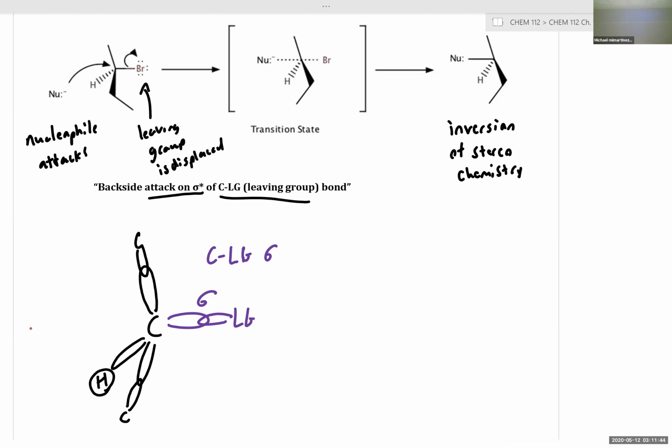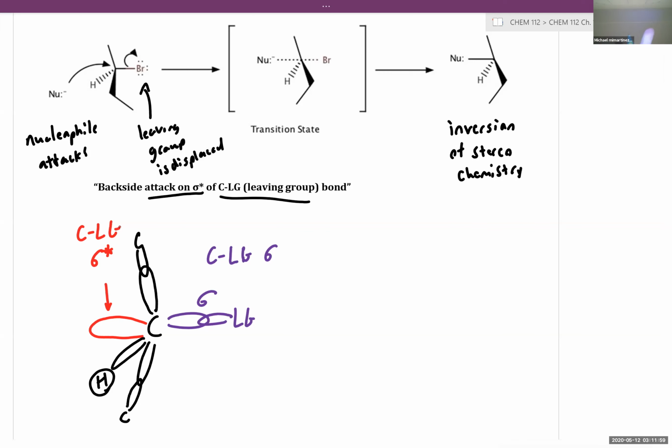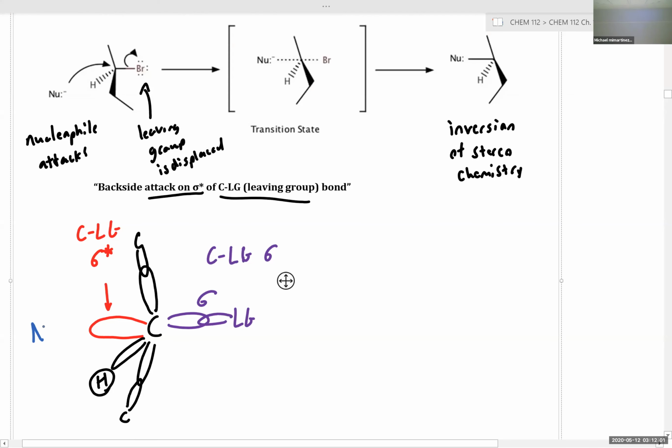It's on the opposite side. So drawing out, we have our sigma star of our carbon leaving group bond. Our nucleophile is attacking the sigma star, and as a result, it weakens your sigma bond.